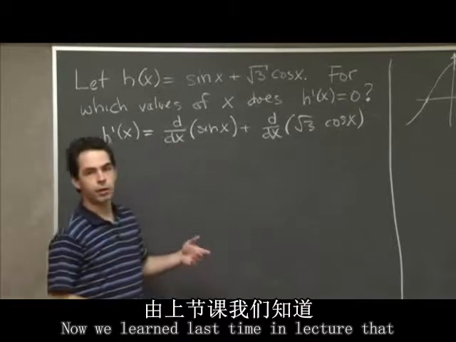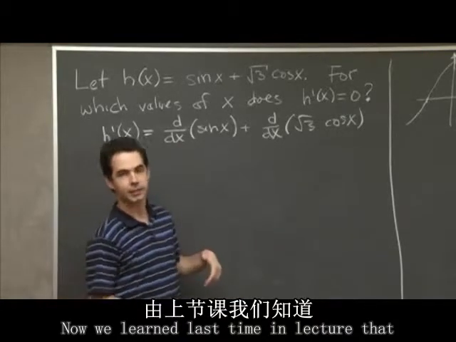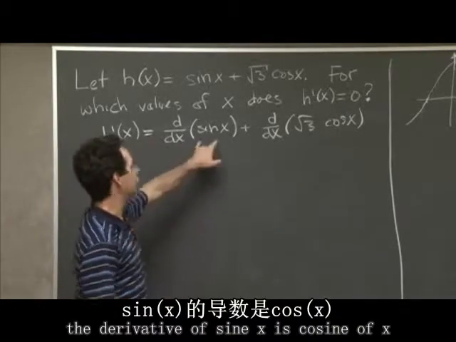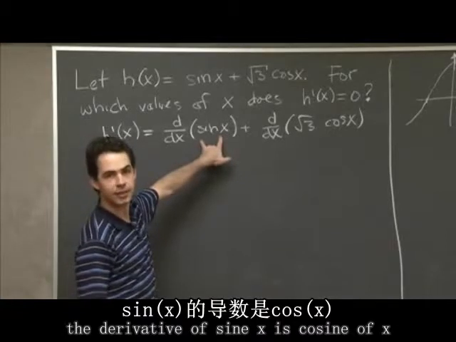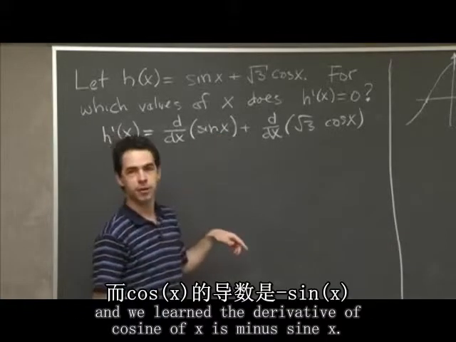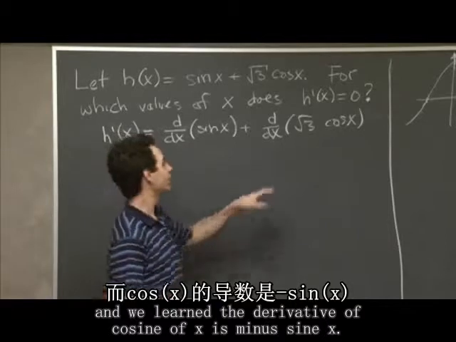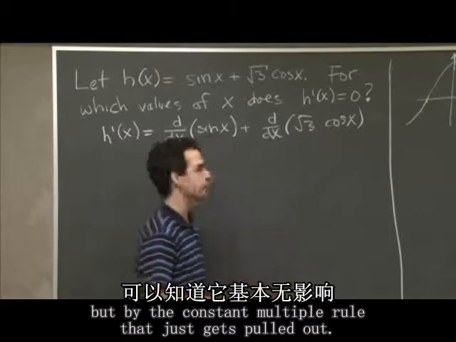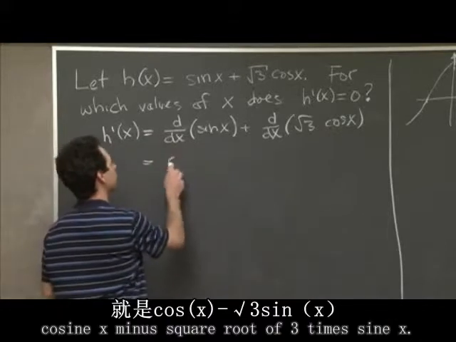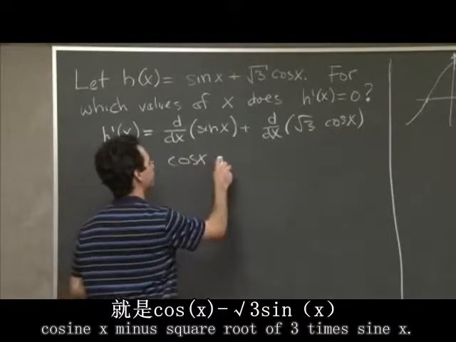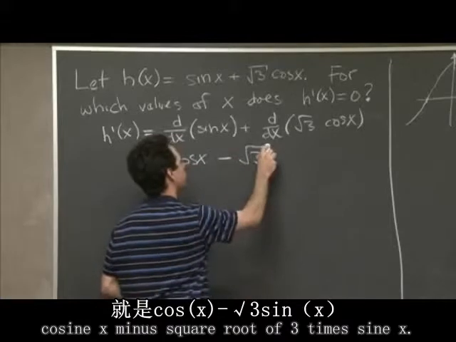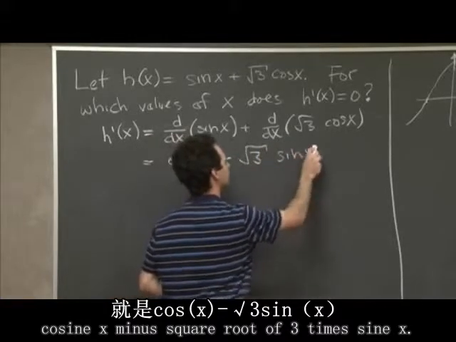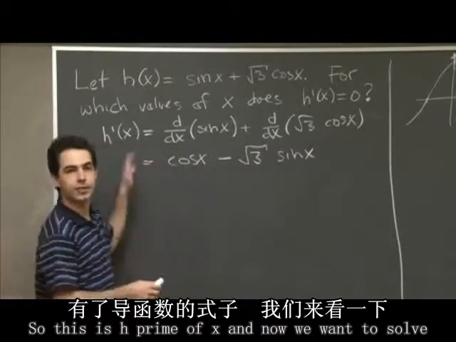Now, we learned last time in lecture that the derivative of sine x is cosine of x, and the derivative of cosine of x is minus sine x. Here we have a constant multiple, but by the constant multiple rule, that just gets pulled out. So this is equal to cosine x minus square root of 3 times sine x. So this is h prime of x.